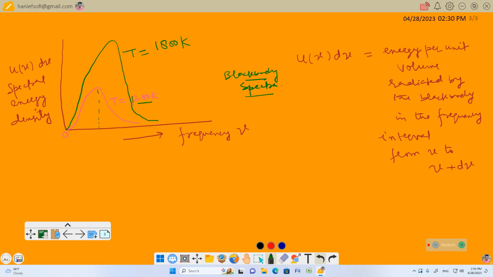When you increase the temperature, the peak has shifted. The frequency at which maximum energy is radiated by the black body goes to higher frequency. At higher temperature, this peak shift is to higher frequency. This is one thing. And second, you can see at higher temperature, the area under the curve is greater than at lower temperature.